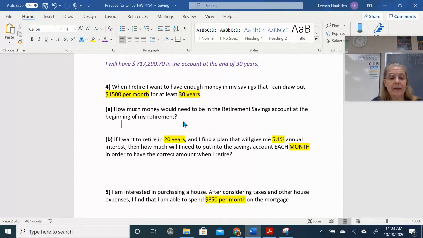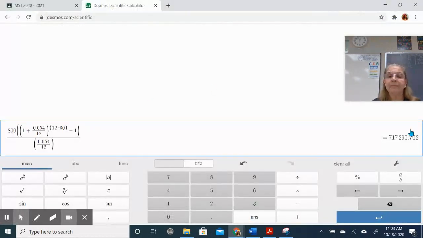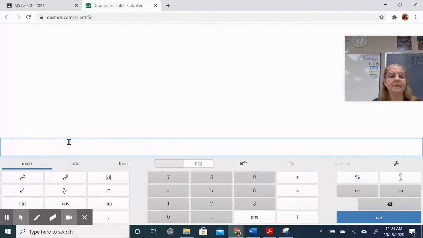So I need to have the 1,500 times 30 years to know how much I have. And I could do the same thing. I can just go back to the Desmos calculator. I'm going to clear out everything that's in here.